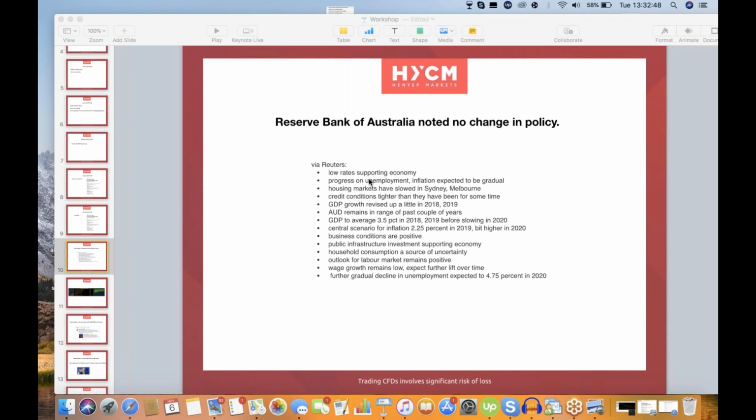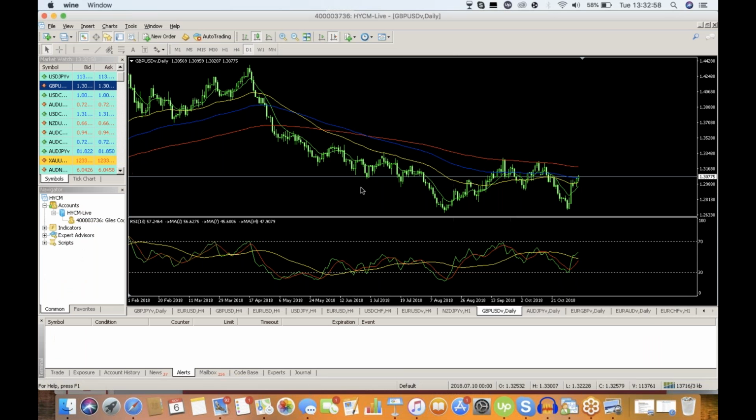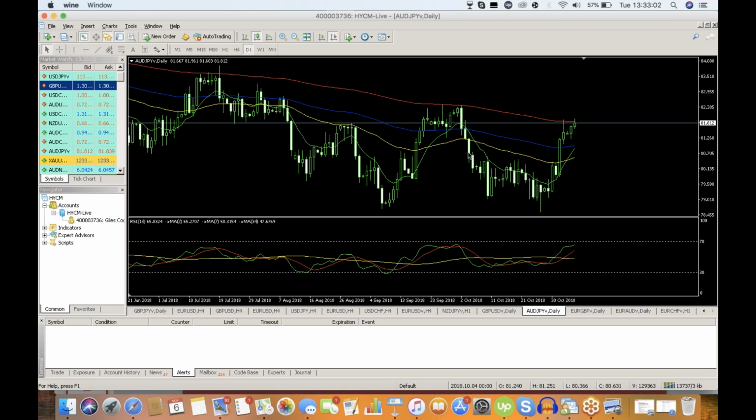So you might expect the Australian dollar to be supported in that scenario, and you might expect the Japanese yen to be sold in that scenario. So one key trade pair to have looked at would have been the Australian dollar Japanese yen.